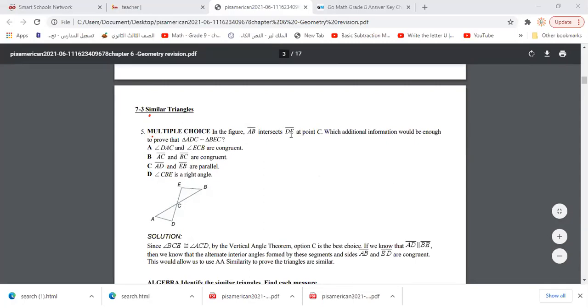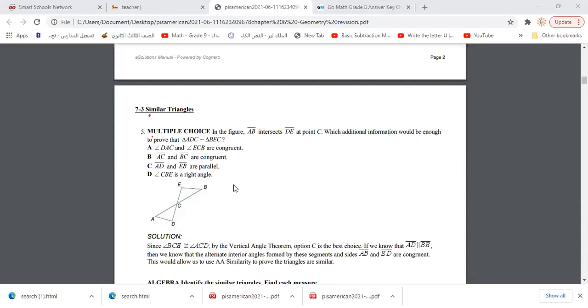In the figure, AB intersects with DE. Once you have 2 lines intersecting, which angle do you find? Vertical angle. Vertical angle, thank you. So in this question, which additional information would be enough to prove that the 2 triangles are similar?